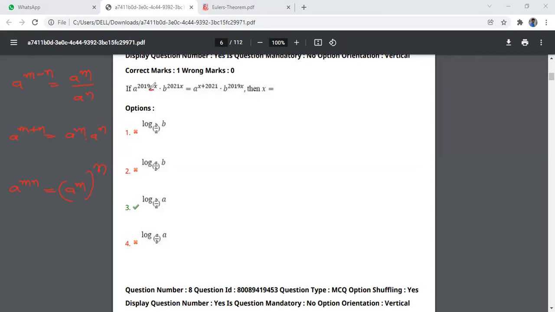Okay, this is minus, so I'm writing directly a power 2019 by a power x by taking this formula, into b power 2021 whole power x by using this formula, is equal to a power x into a power 2021 by using this formula, and again b power 2019 whole power x.